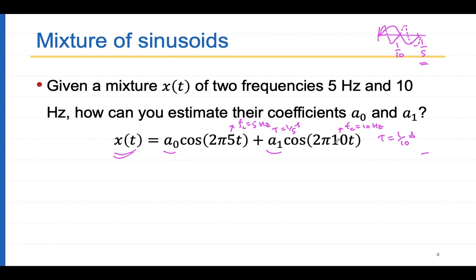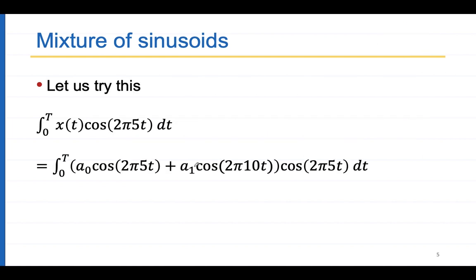I do not have the expression explicitly, but just the signal is given to me. Let us try this. Consider if I multiply x(t) with this sinusoid or cosine signal, what will I get? I expand x(t) because I'm deriving the formulation for A0 now.